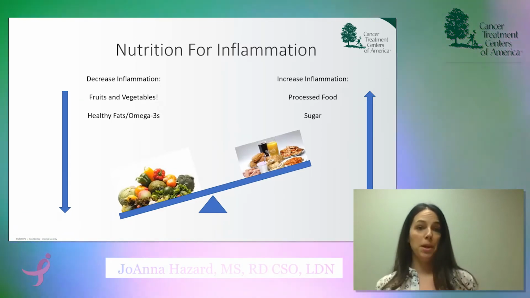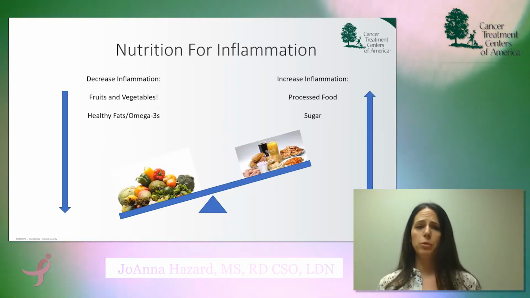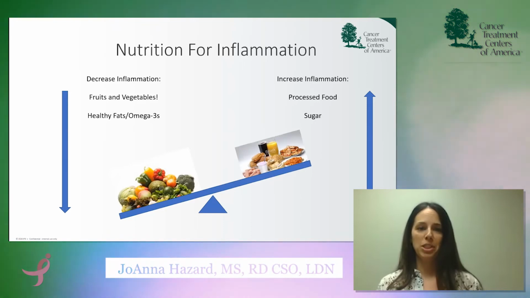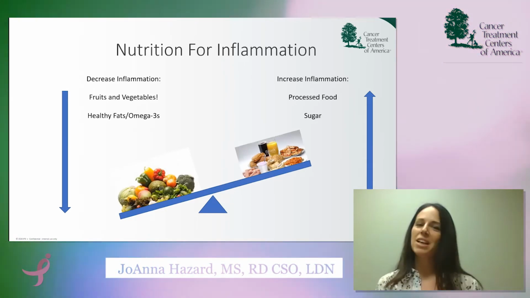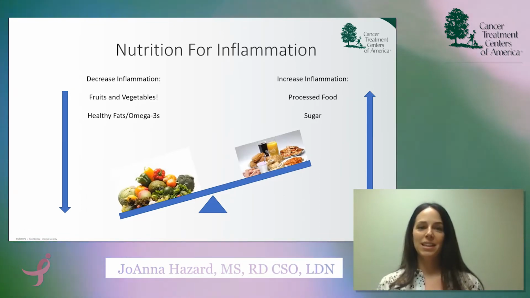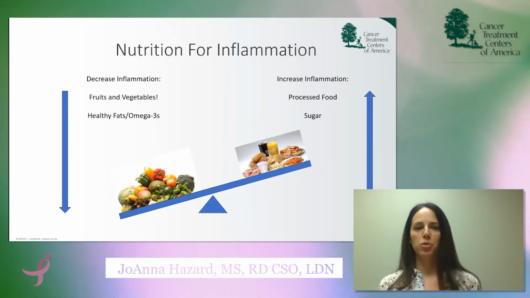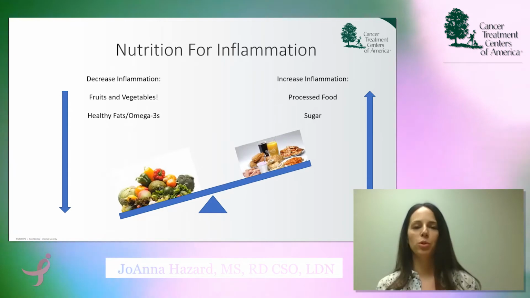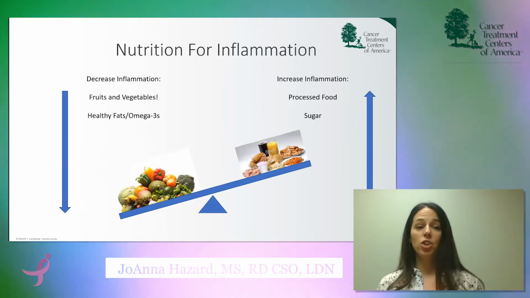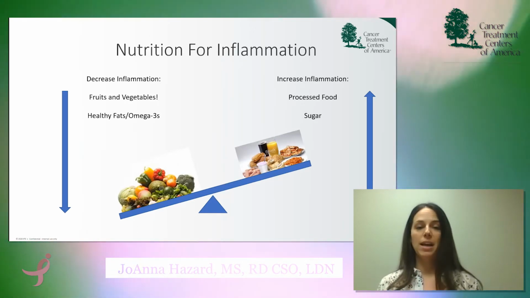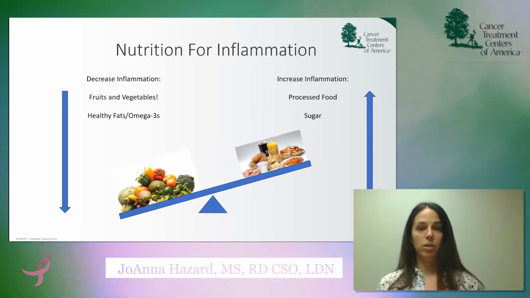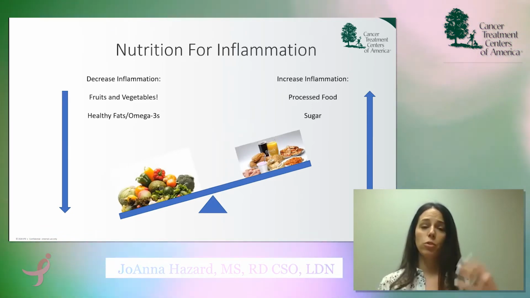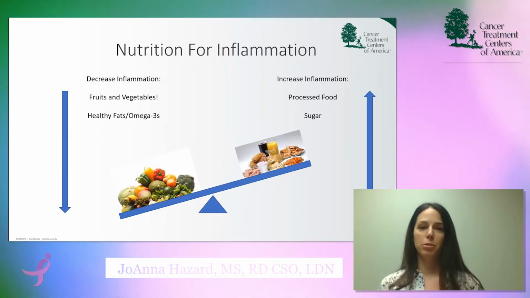Just big picture, some of the foods that are going to decrease inflammation, not surprising here, are your fruits and your vegetables, of course. Those are your main sources of antioxidants and just anti-inflammatory, anti-cancer, immune supportive nutrition. In addition, I want you to make sure you're focusing on those healthy fats and omega-3s. So things like olive oil and avocados and fish. Those are what help decrease inflammation.